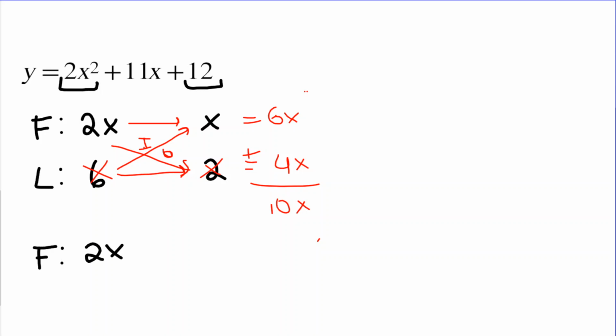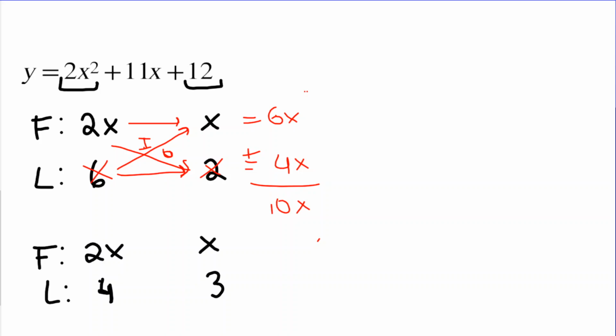I have 2x times x. And let's think of some other products to give us the 12 at the end. 12 can also be made up of 4 times 3. So let's try that. Let's do a 4 and a 3. Again, we're seeing that across, we're getting that first and last.